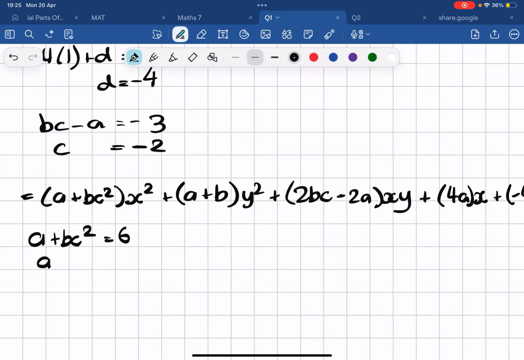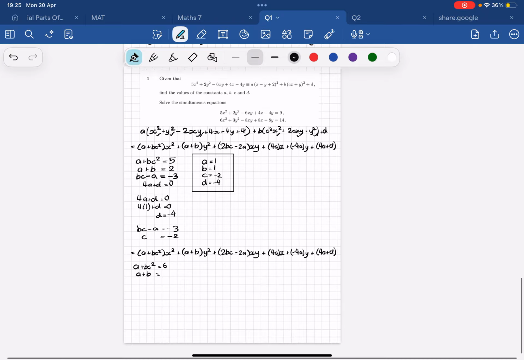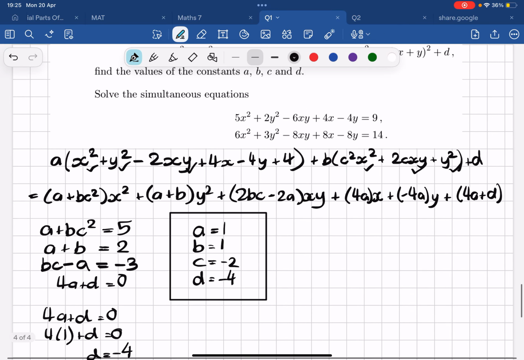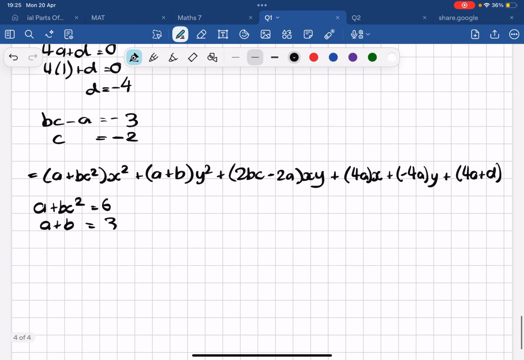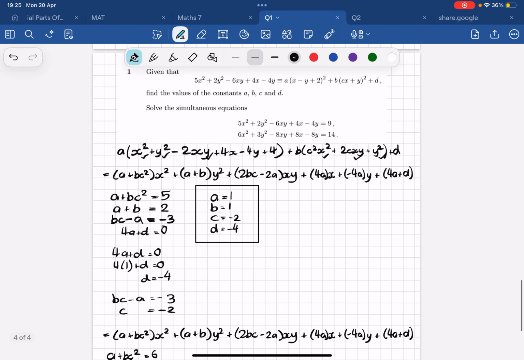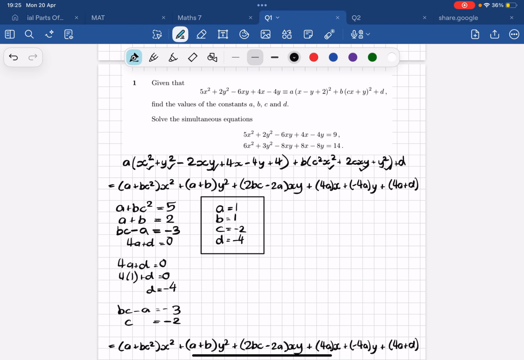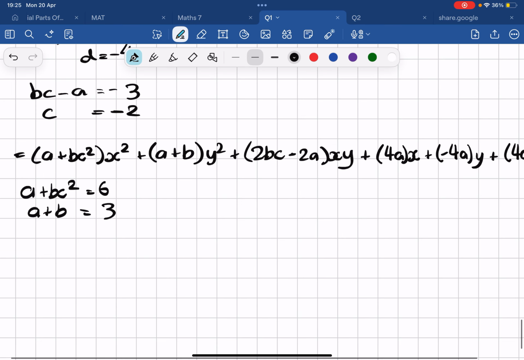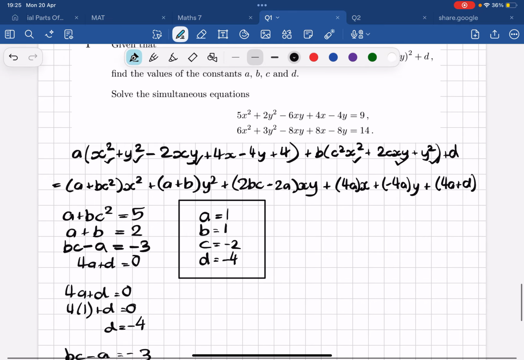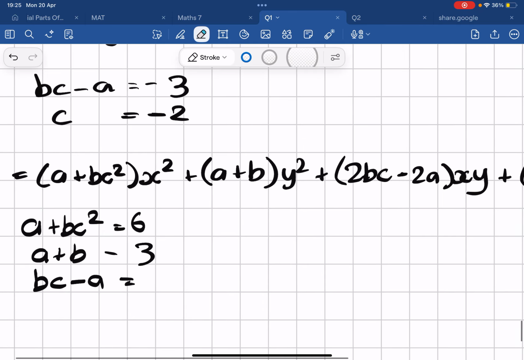And then a plus b equals 3. Then we have minus 8 as 2bc minus 2a. So we can say bc minus a equals, that was minus 8, so that becomes minus 4.